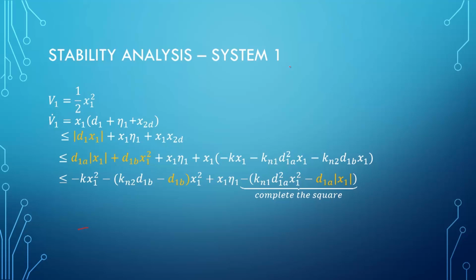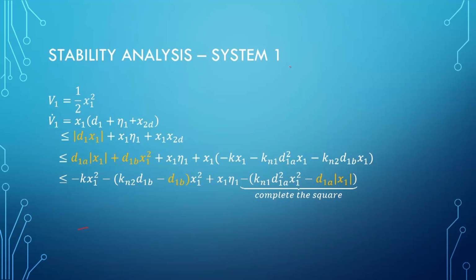So for x1 squared, minus k x1 squared is good terms, right? It's good terms because here's x1, here's another x1, and minus sign, right? All these are good terms, okay? And what are bad terms?